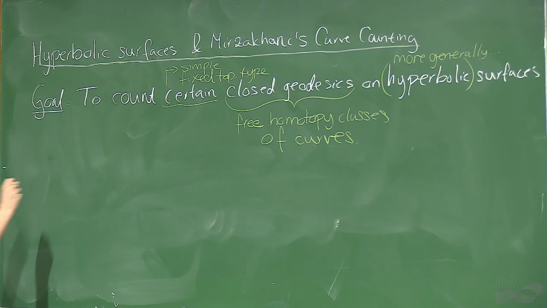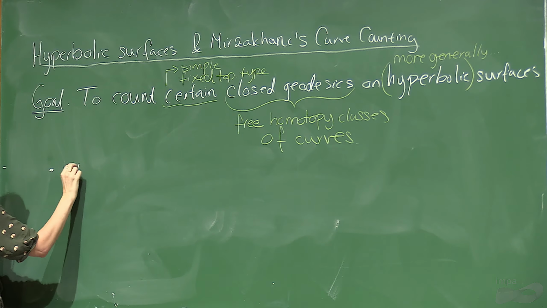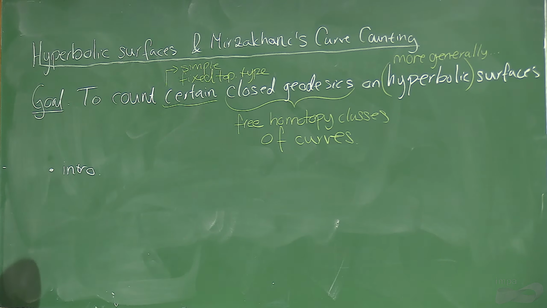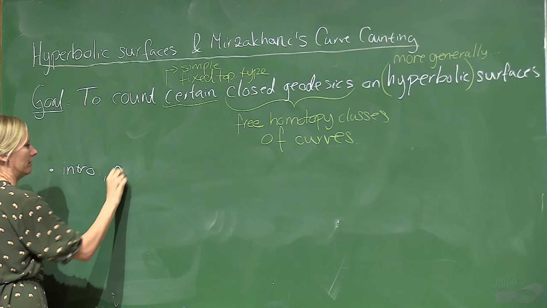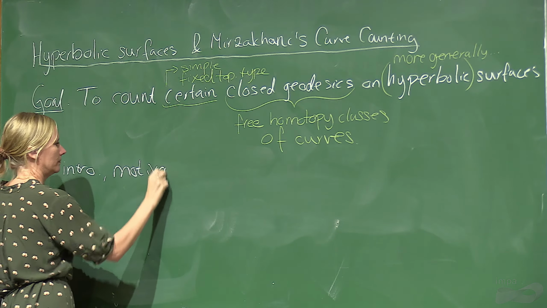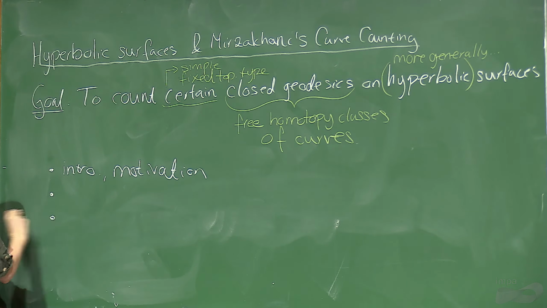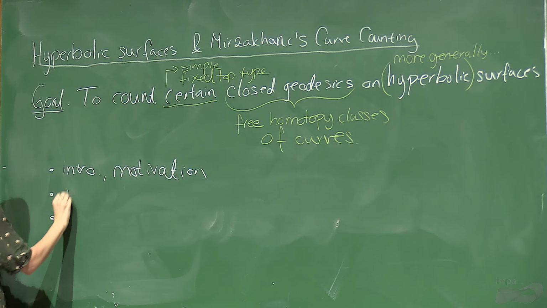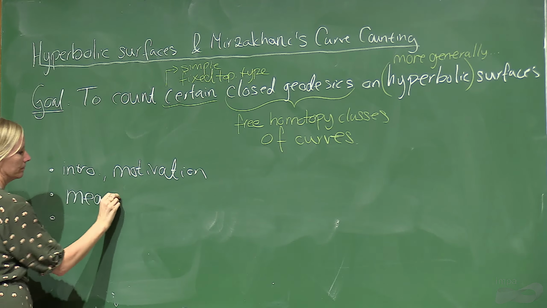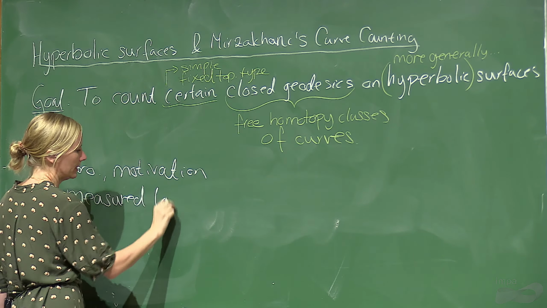But yeah, just a little bit of an outline of what we're going to do. Today I just want to introduce these objects, give some motivation, and state the theorem. Then in about the next two lectures, we're going to talk about the space of measured laminations on a surface.